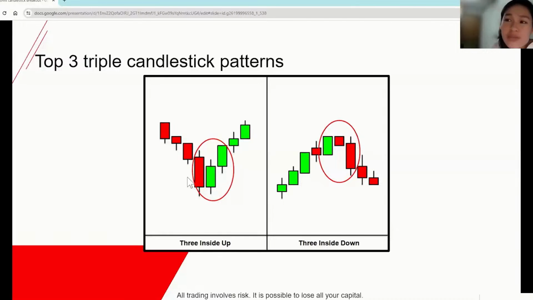But anyway, we have a first candlestick that's bearish for our 3 inside up. And your second candlestick would start approximately around the same area as the first candlestick that we see here. But it should be shorter. It doesn't have to be exactly like this, just has to be shorter than the first.